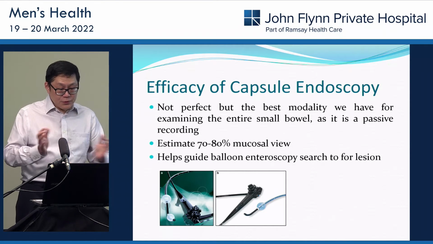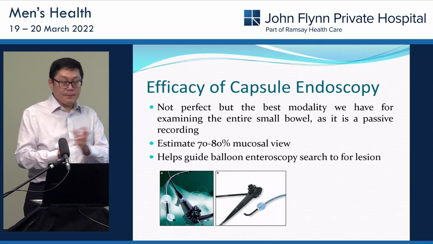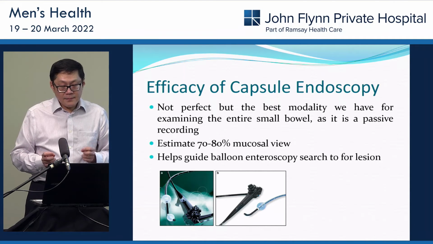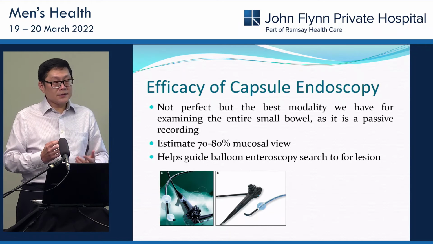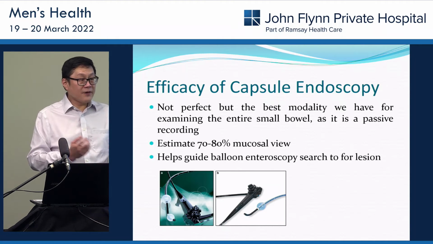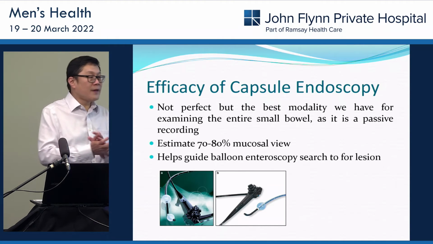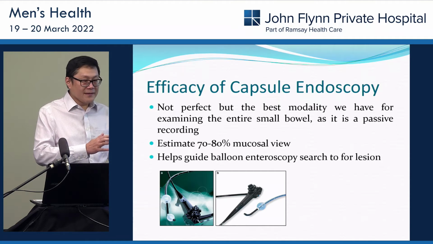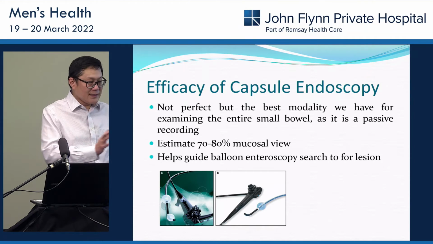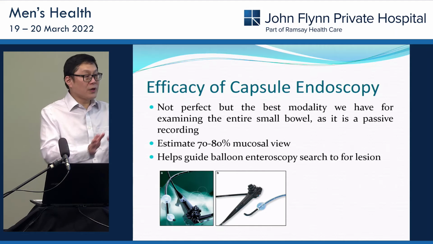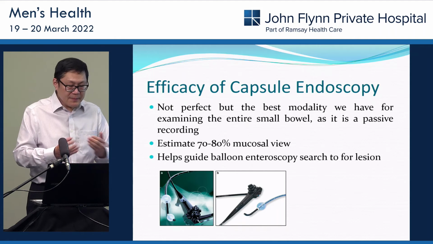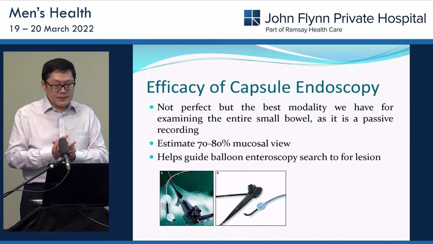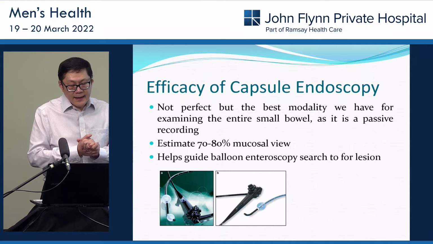The capsule is not perfect, but it's the best modality that we have to examine the entire small bowel. Its limitation is that it's a passive recording device. We have no control on how it travels, where it looks, and there's no way you can remove any debris or fluid that's blocking your view. So it's estimated that we probably will achieve about 70 to 80% of mucosal views.